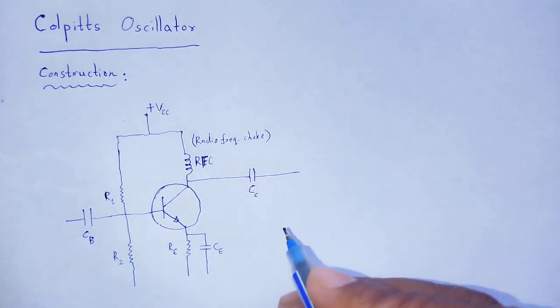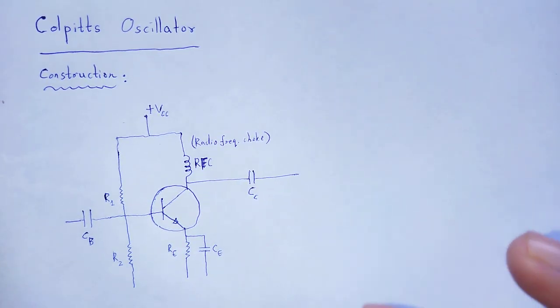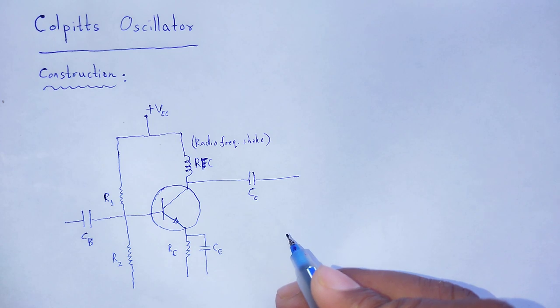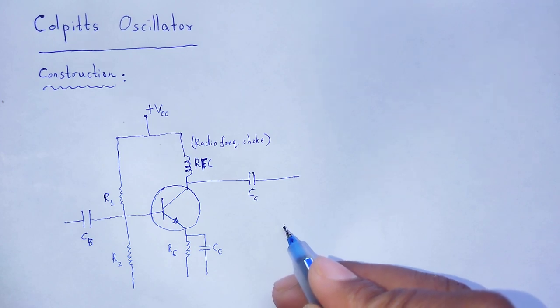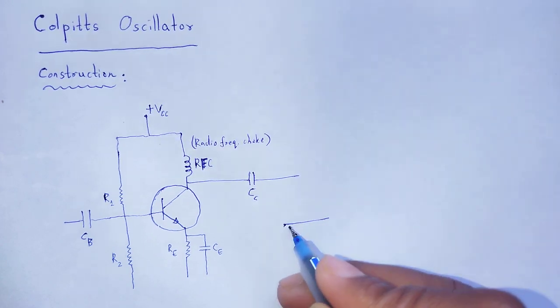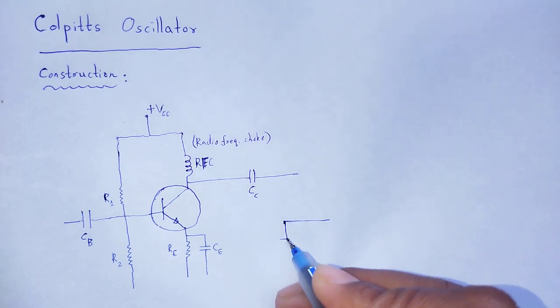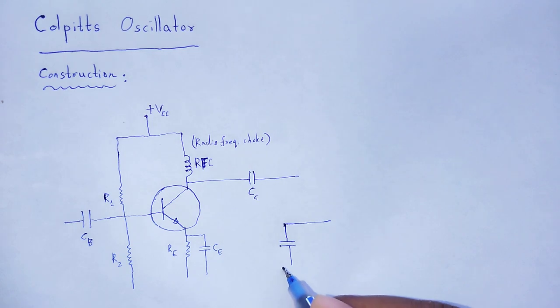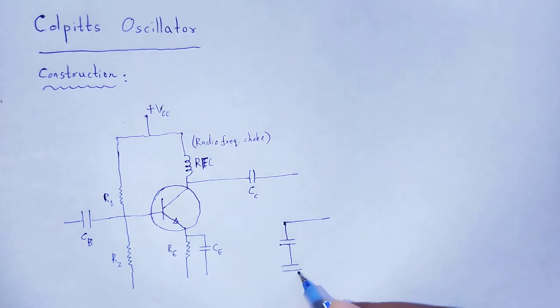And then the LC circuit, we call it the tank circuit. Here the tank circuit consists of two capacitors connected in series with each other.